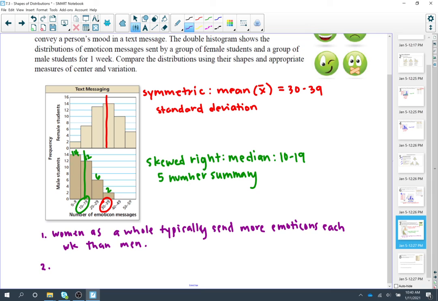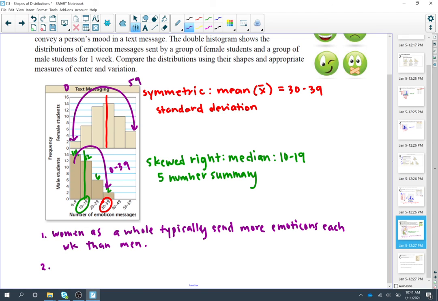Women are sending 0 to 9. Women are also sending 50 to 59. Do you notice that the men are not sending this many? There is nobody up in this range. So the women go the whole way from 0 up to 59. Versus the men are going the whole way from 0 to 39.